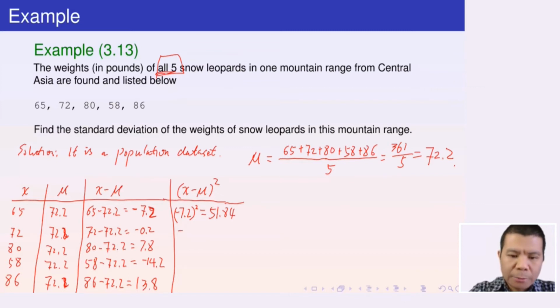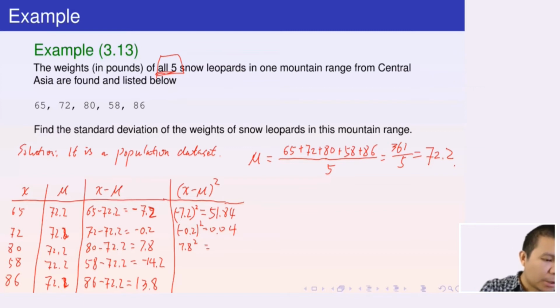Now negative 0.2 squared is 0.04, and 7.8 squared is 60.84.